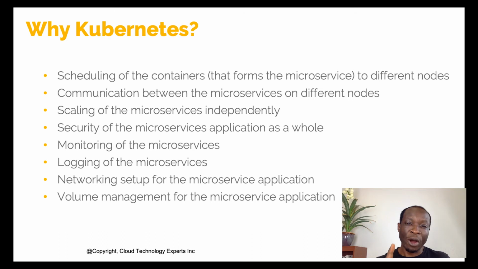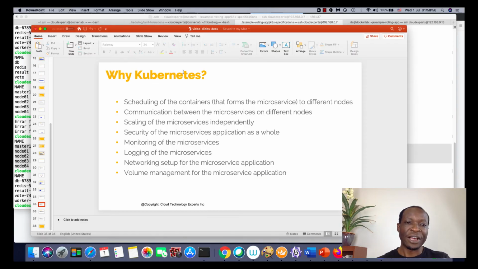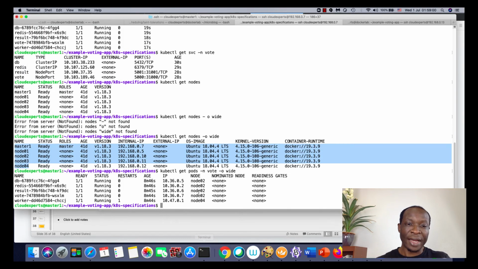Kubernetes helps with the communication between the microservices on different nodes. It helps with the scaling. I can scale any of these microservices. For example, I can go ahead here and scale any of these microservices.